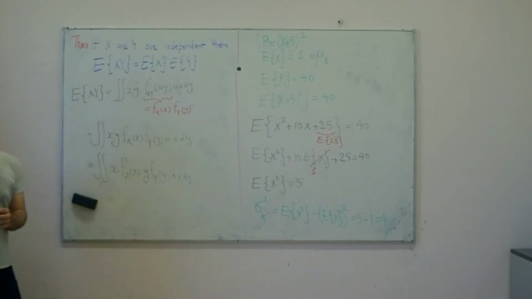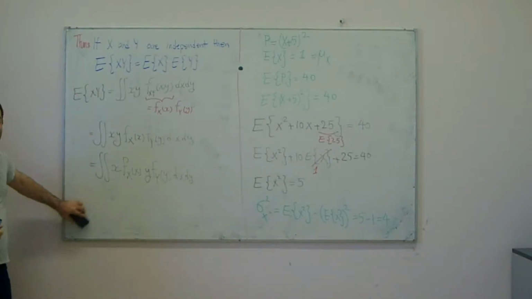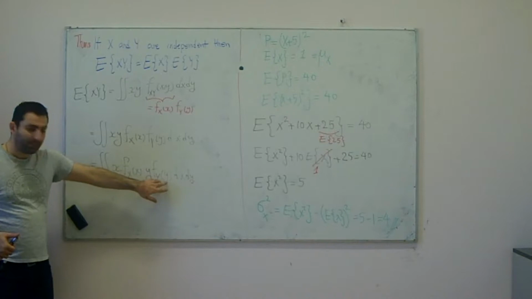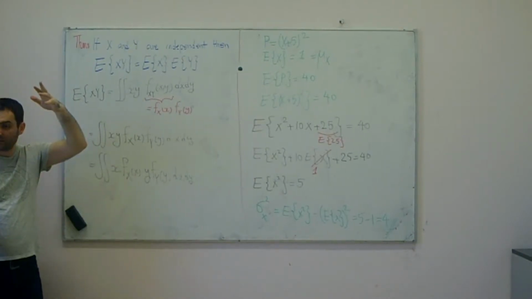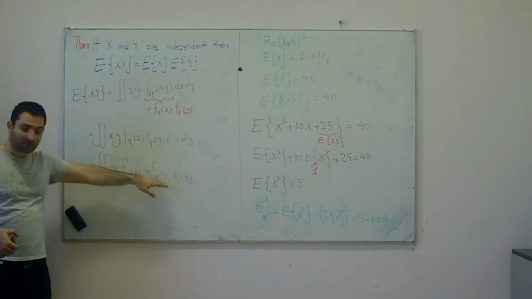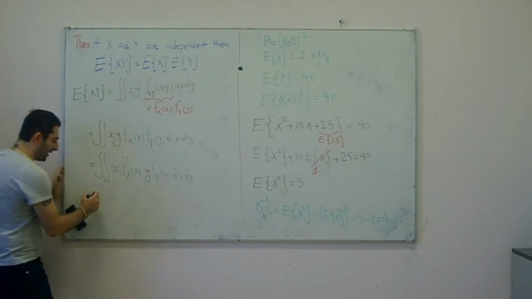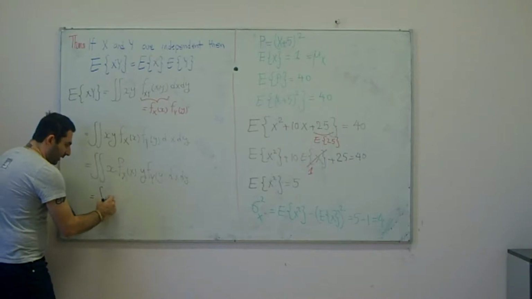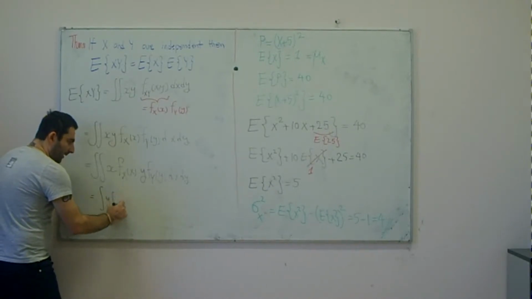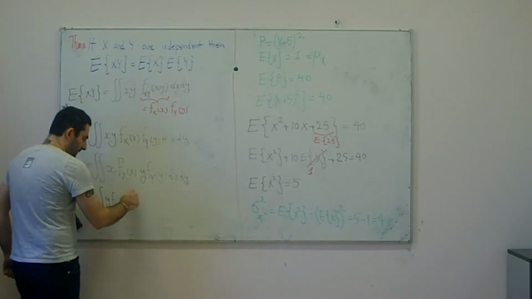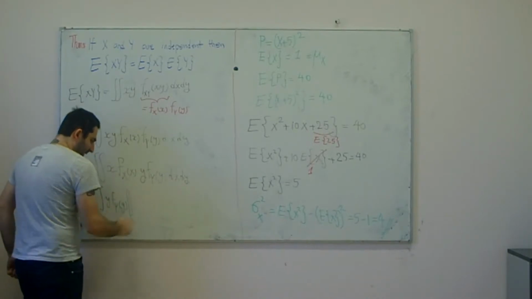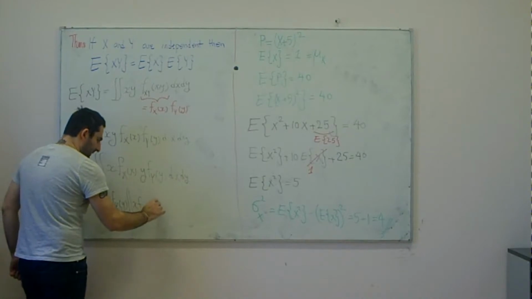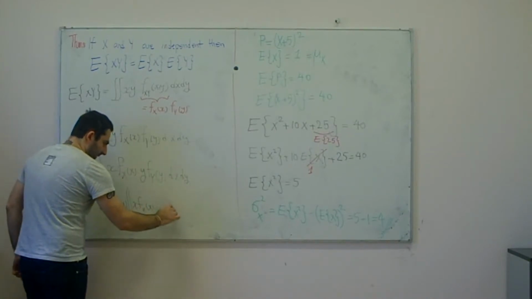Again, x and y are independent. In other words, while I'm taking the integral with respect to x, the y part is constant. While I'm taking the integral with respect to y, the x part is constant. So I can write it as the integral of y f_Y(y) multiplied by the integral of x f_X(x) dx dy.